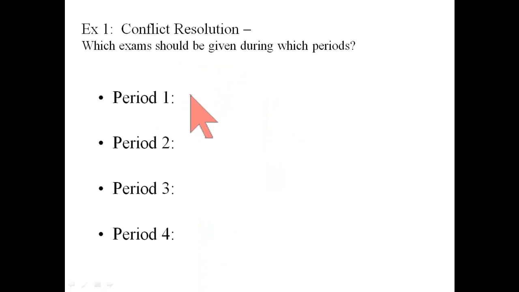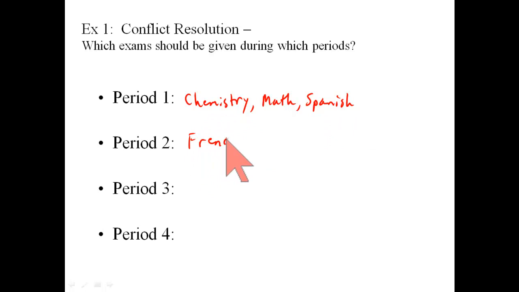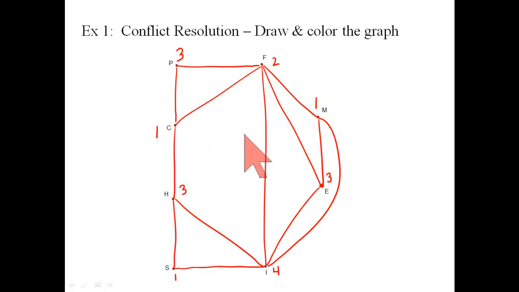They can all happen at the same time. So I recommend to this registrar that the first period have chemistry, math, and Spanish exams. The second period can have the French exam.